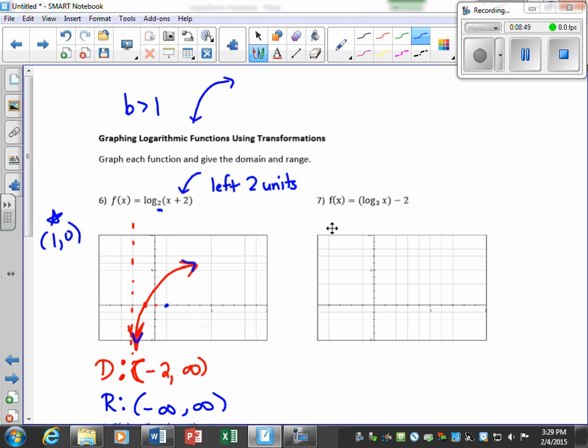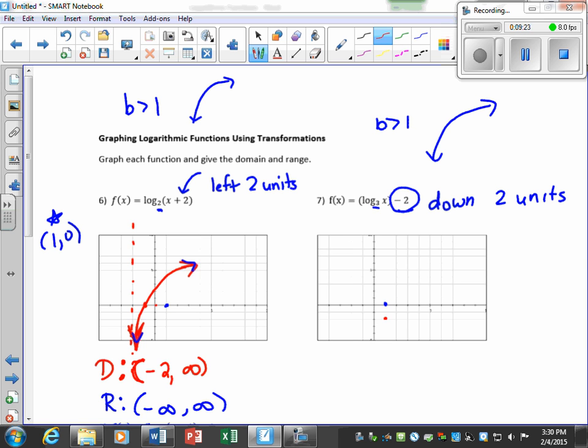Alright, we move over to number 7, and this is going to be greater than 1, so our b is greater than 1. We will have this parent graph shape. I know the parent graph goes through the point 1, 0, and then this shift, if it's outside of the parentheses, tells us we go down 2 units. So using our rules for transformation, we just simply move this graph down 2 units.